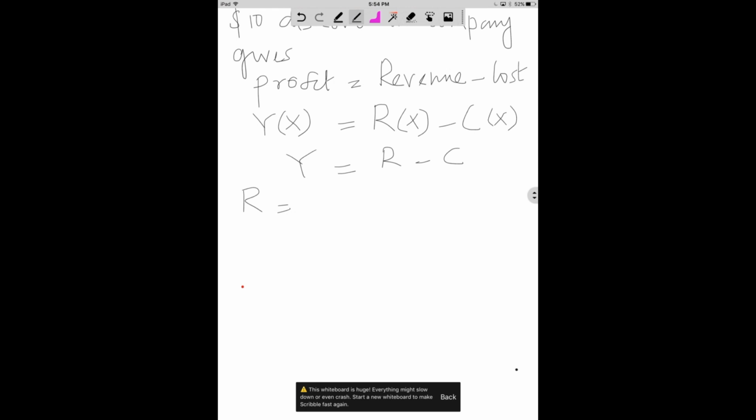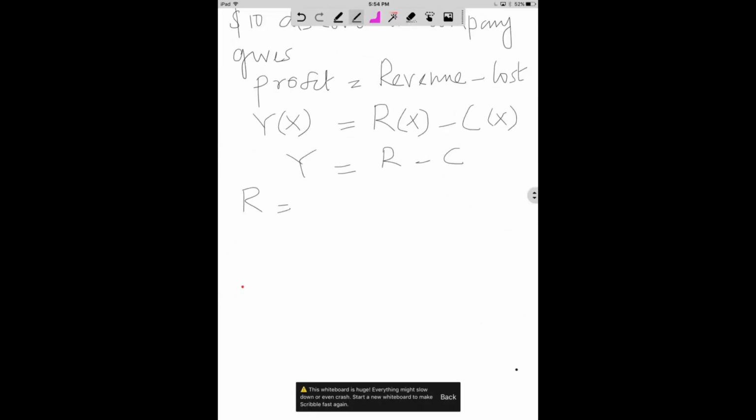Revenue equals price per unit times number of units.